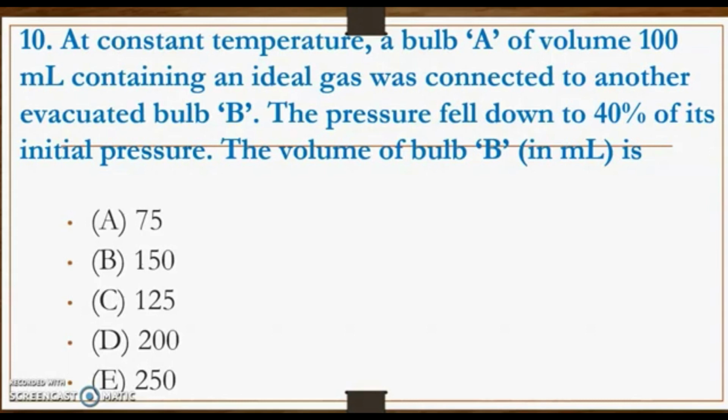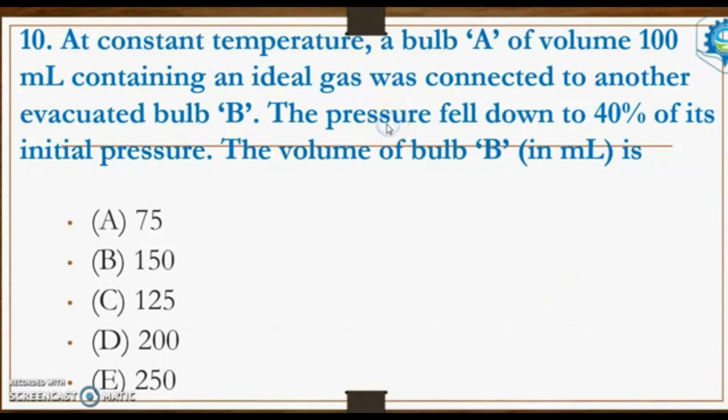So P is the original pressure. The pressure fell down to 40%, therefore 40 P by 100 is P2. V1 is equal to 100. V2 is the new volume, which will be the sum of the initial volume 100 plus the volume of B.